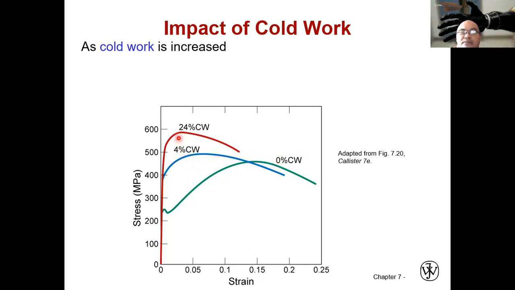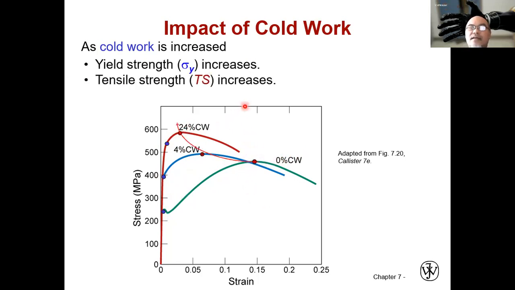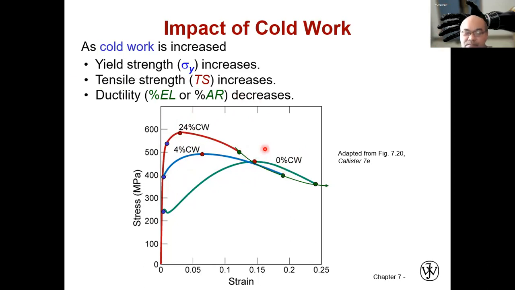When you do much more cold work, yield strength is in this region and tensile strength in this region, much higher than at 0% cold work. Yield strength and tensile strength increase. However, the ductility, the ability to form, of the material decreases.